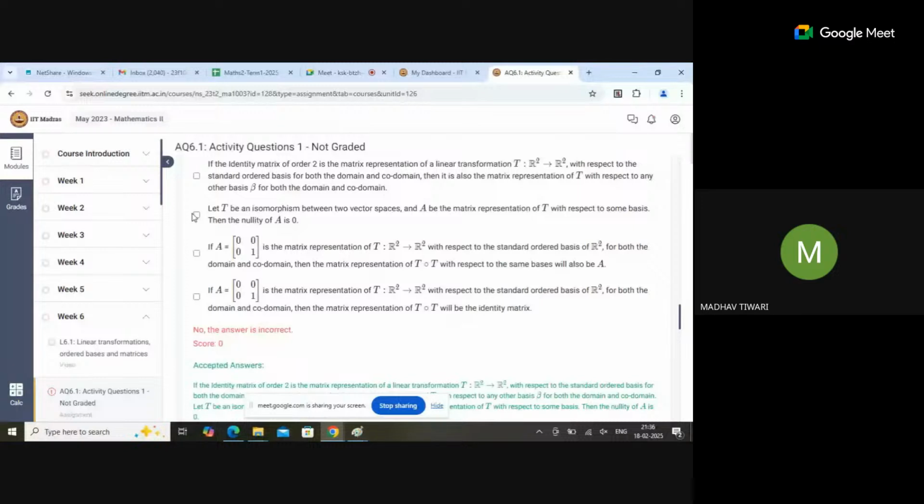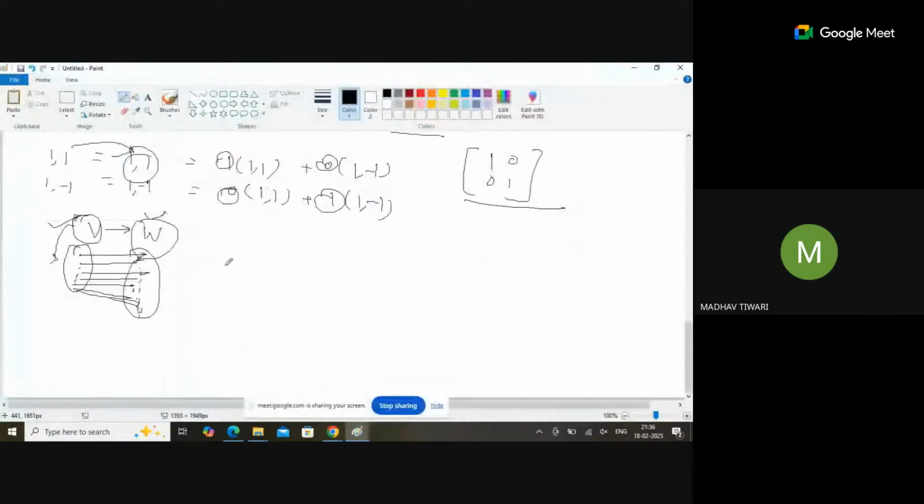Next one: if A is a matrix with respect to some standard basis for both domain and codomain, then the matrix representation of T on T, applying the transformation over the transformation with respect to the same basis, will also be A. It is some kind of complex question. Let me write down the matrix first: 0 0 0 1.